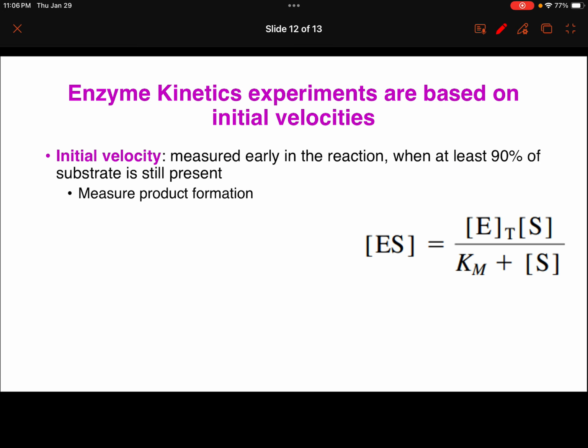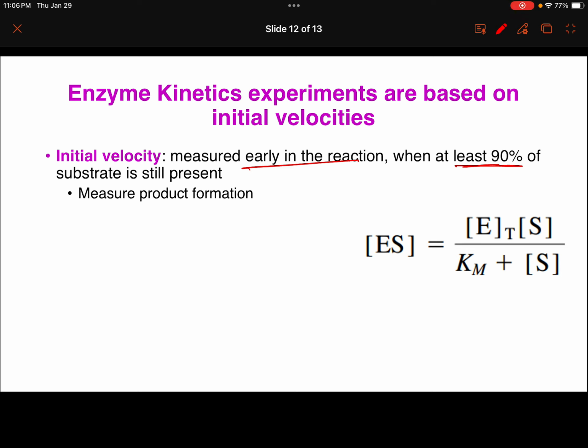So the way that we do this experiment, one of the tricks that we use is that we use initial velocities to determine these enzyme kinetics, all right? An initial velocity is measured early in the reaction when we still have most of our substrate left. So at least 90% of our substrate is still present.